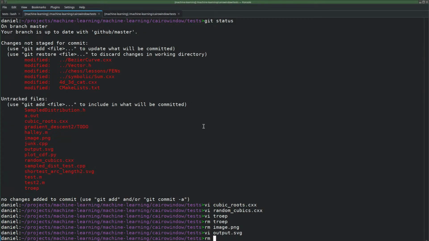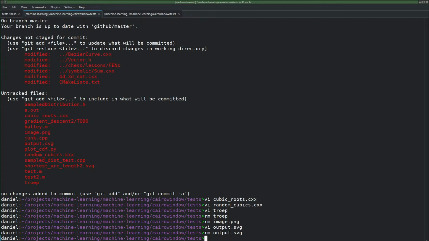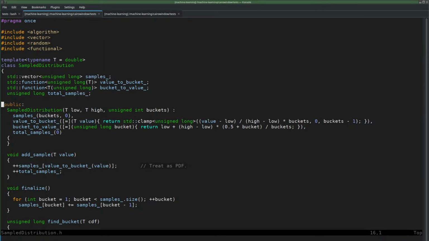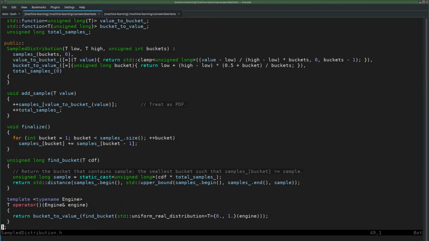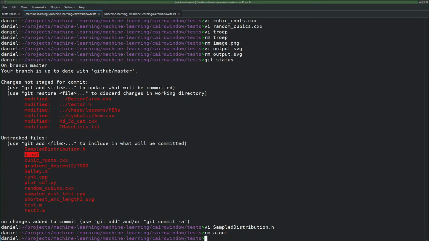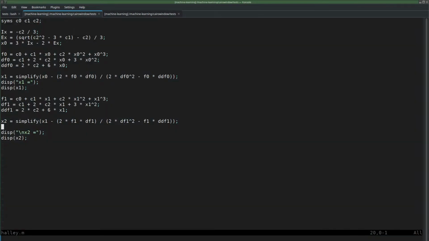Okay, remove. Sampled distribution. Yeah. Not going to commit it yet. Orbital. Out. Heli.m. Probably also not super interesting.